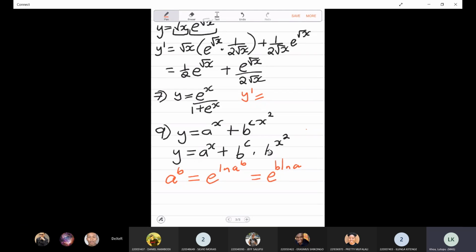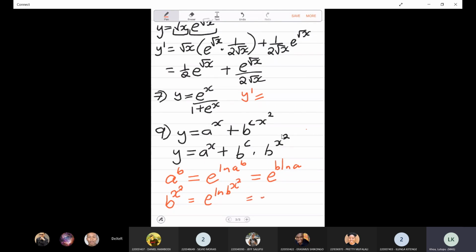Okay, so here I have b to the power of x squared. So if I have b to the power of x squared, and I want to rewrite this as e to the power of something, this is e to the power of ln of b to the power of x squared, and then the x squared will come down.